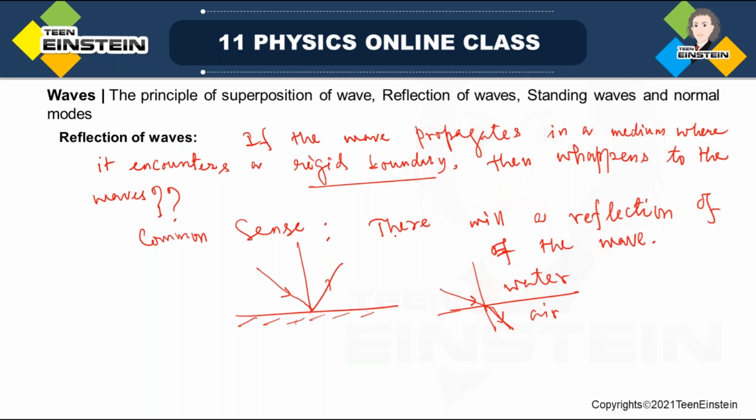We'll see in two cases what happens when the boundary is completely rigid and when it is an open, flexible boundary.